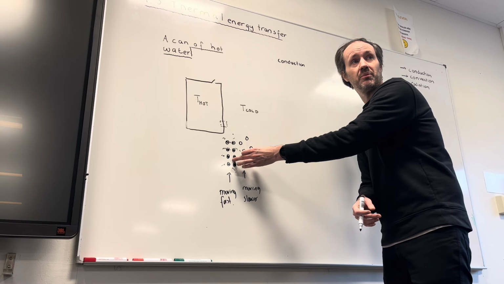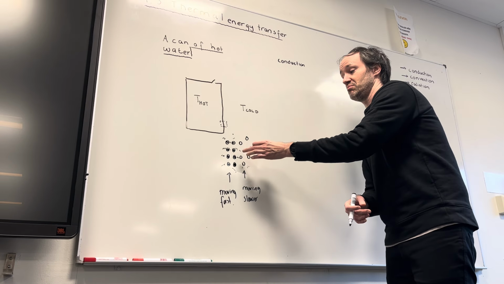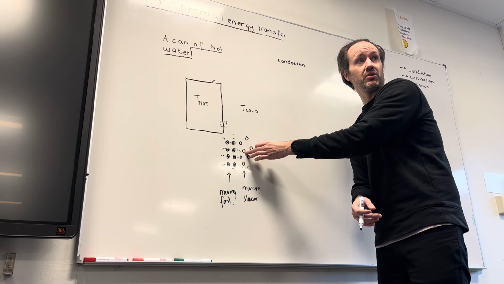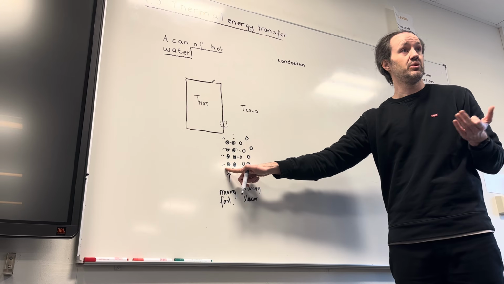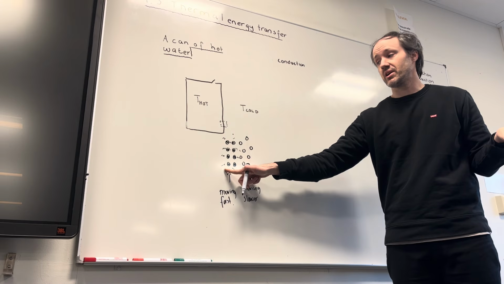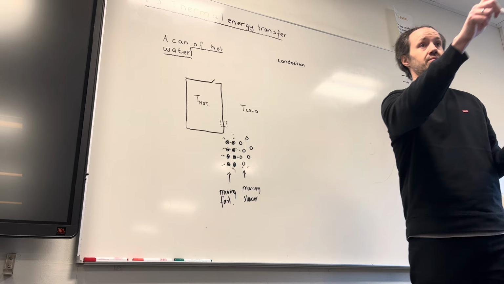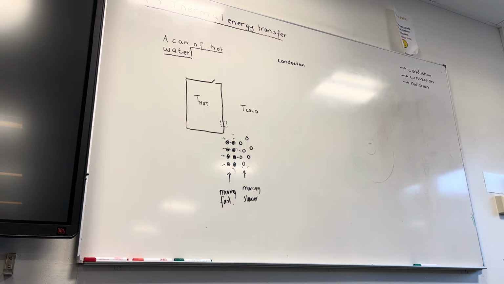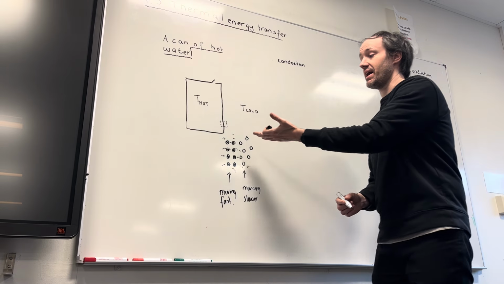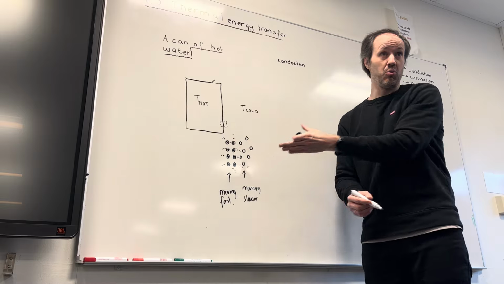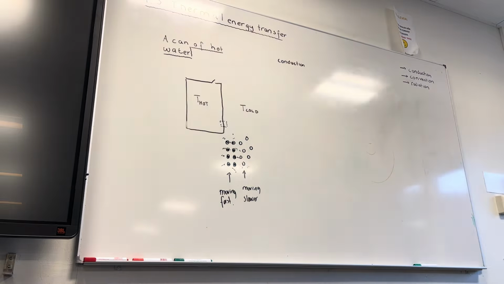The motion from these particles will be transferred to these particles here. These particles here will start to move slower because the energy is used to make the others move faster. But this is all because they get in contact, right? If I somehow had a layer between them of no particles, this wouldn't have happened. They have to be in contact. So vacuum is actually a pretty good insulator.